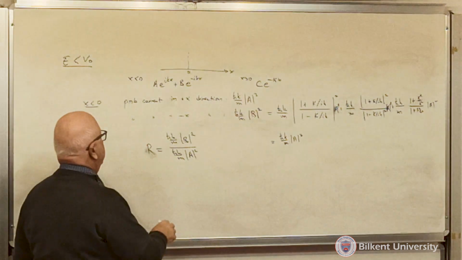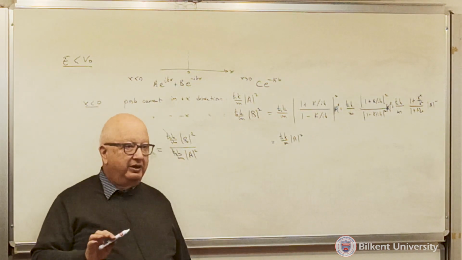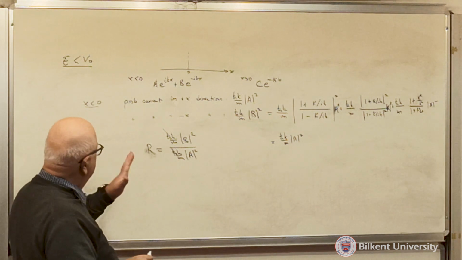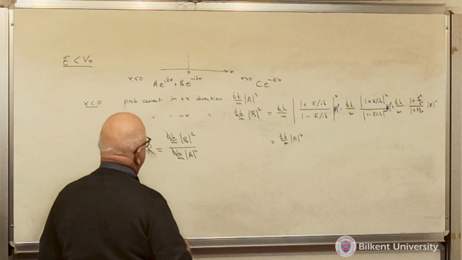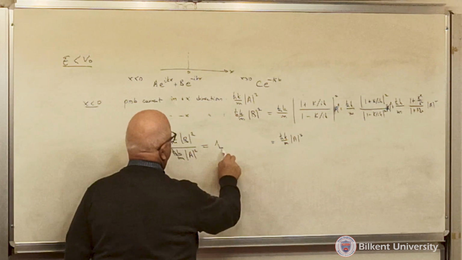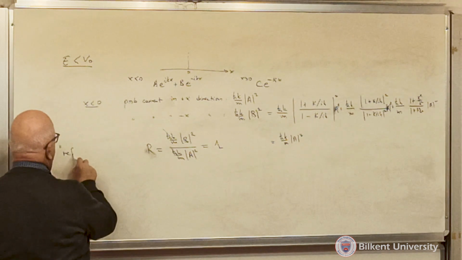In this case, these factors cancel. They don't always cancel for all coefficients. For reflection it always cancels, but we'll also define a transmission coefficient. So this is 1, and this is called the reflection coefficient.